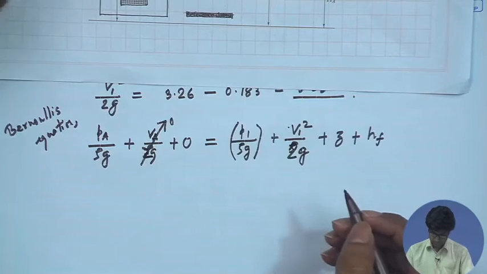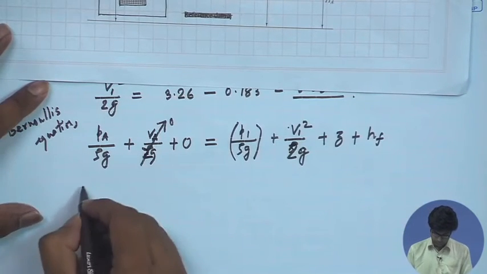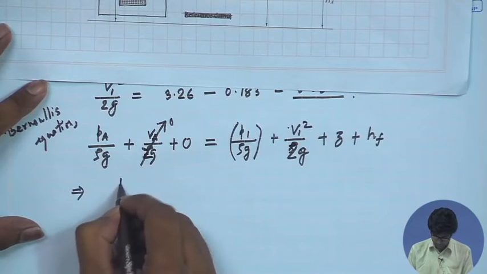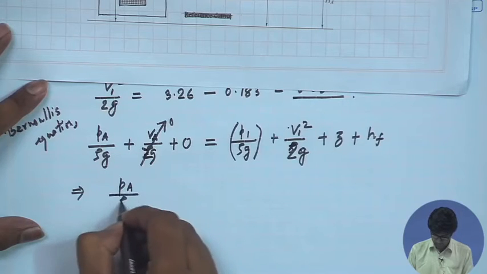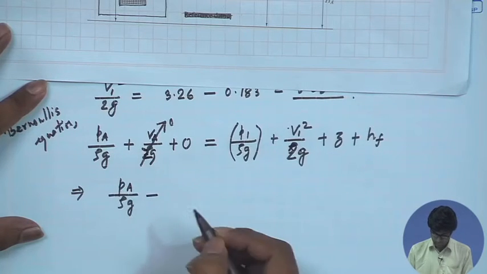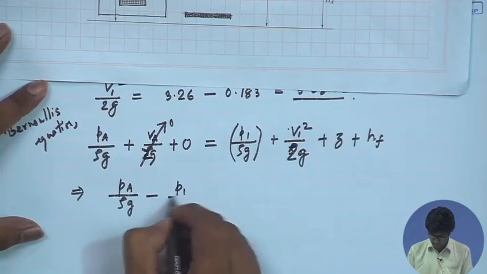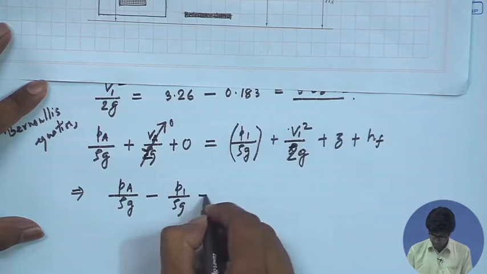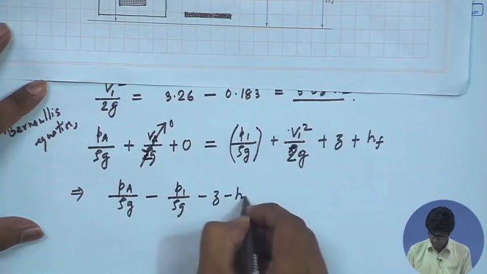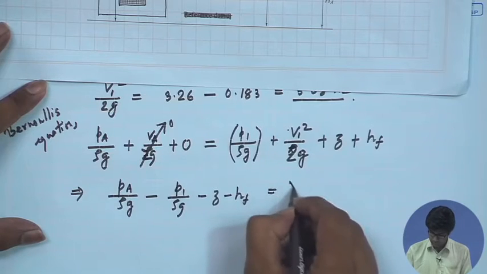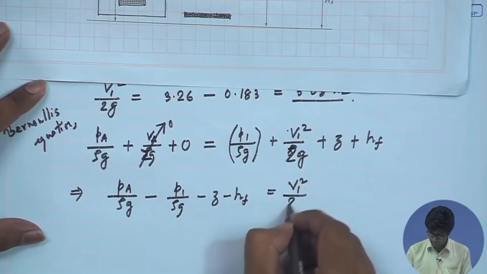So, from here we can write P_A by rho g minus P1 by rho g minus z minus H_f is equal to V1 square by 2g.